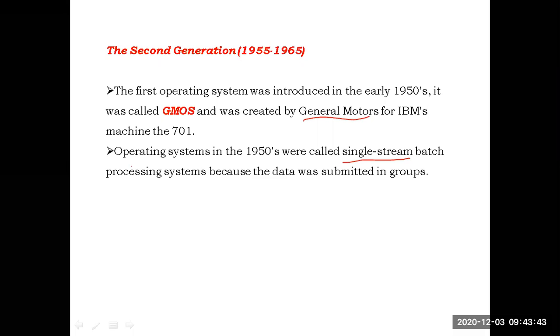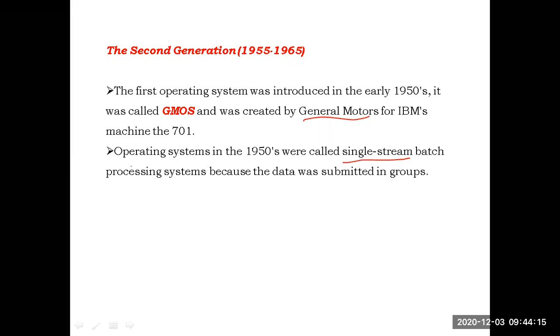Have you read or heard about batch processing, batch operating systems? We will study this point again later in the topic types of OS. Just remember here: the first OS, that is GMOS, was called a single stream batch processing system. Why? Because at that time the jobs given to the computer were given in the form of batches.